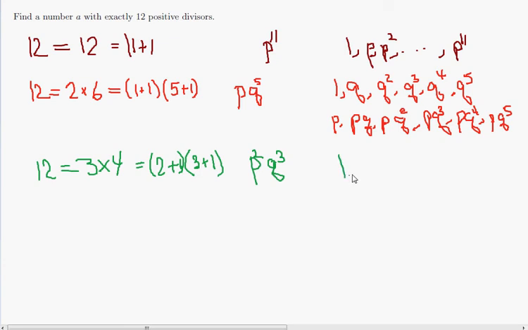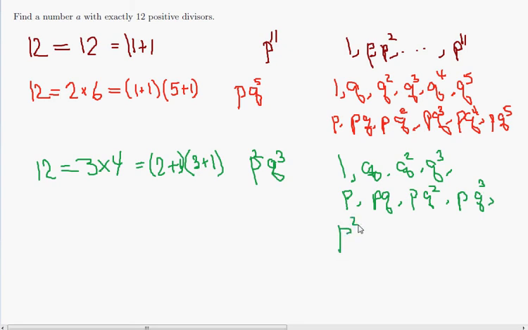So for example, if I list them out, it would be 1, q, q squared, q to the third, or you could have p times q, p times q squared, and p times q cubed, and finally p squared times q, p squared times q squared, and p squared times q to the third, the original number.